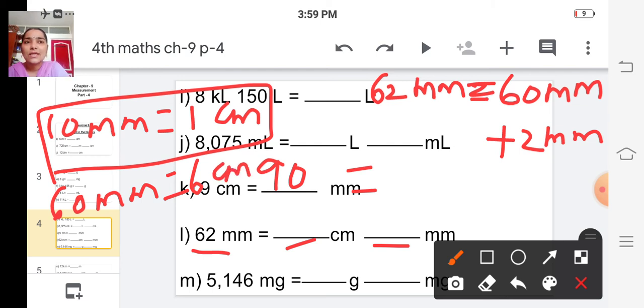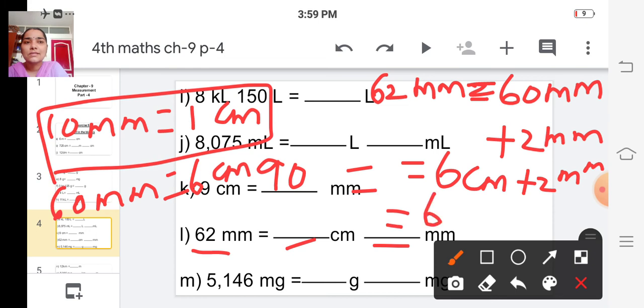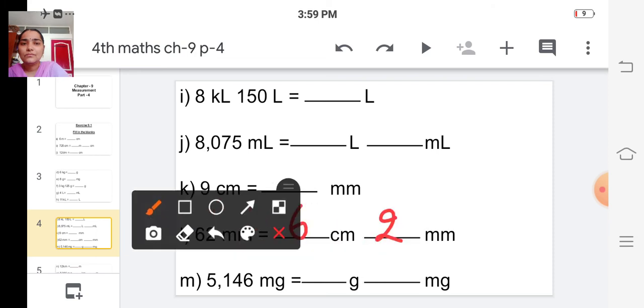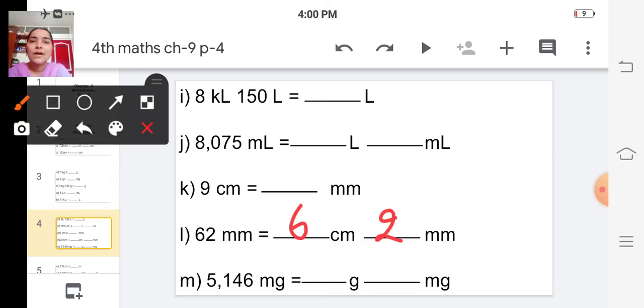So this can be written as 6 centimeter plus 2 millimeter, which is 6 centimeter 2 millimeter. So the answer is 6 centimeter and 2 millimeter. Is it clear, children? Have you all understood? Yes?